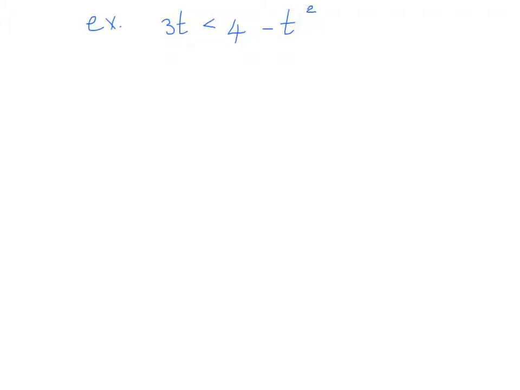Okay, so let's get everything over to one side. That's step 1. We want to make everything, in this case, less than 0. So I'm trying to get everything over on the left side. So I'm subtracting 4 and I'm adding t squared.